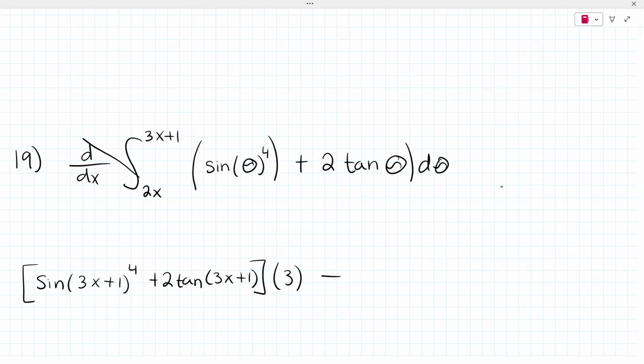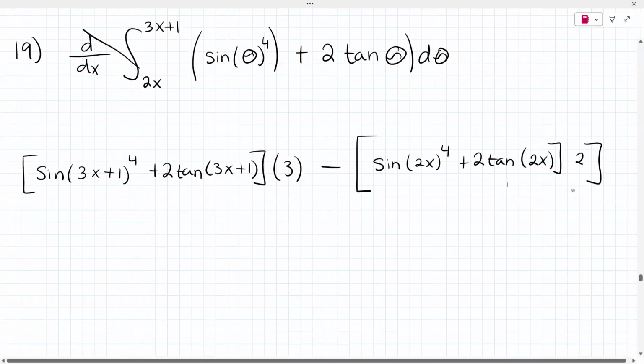And then I'm going to do minus bracket, and then I'm going to apply the lower boundary, which is sin of 2x to the fourth plus 2 tan of 2x, times the derivative of 2x, which is 2.